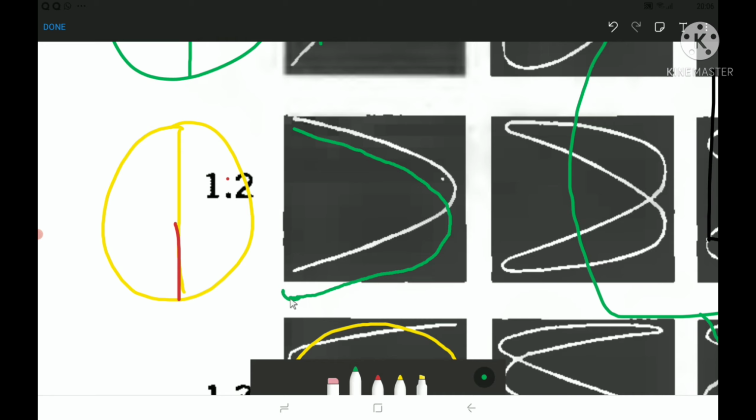I know it's not visible right now, but just assume that, and then connect them smoothly. Now the magic happens. Now what you see is it touches this edge once, so it's one over here, and it touches this edge twice, so it is two over here, which satisfies this relation.